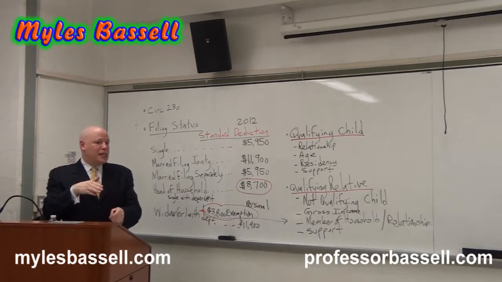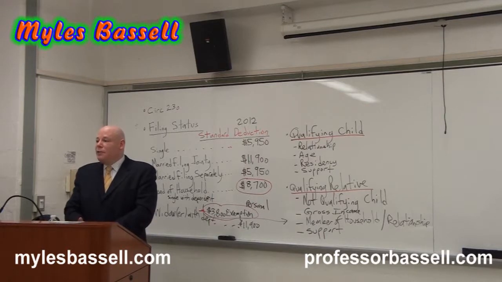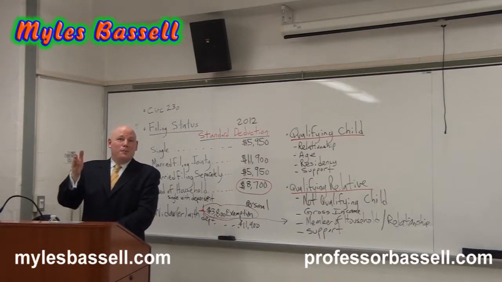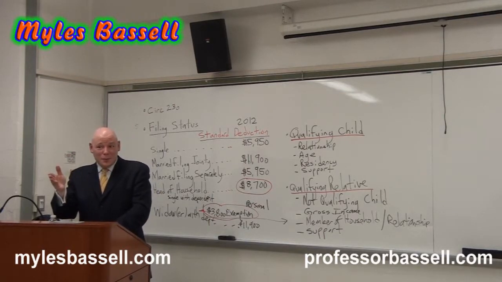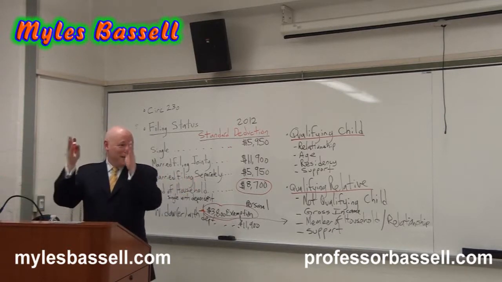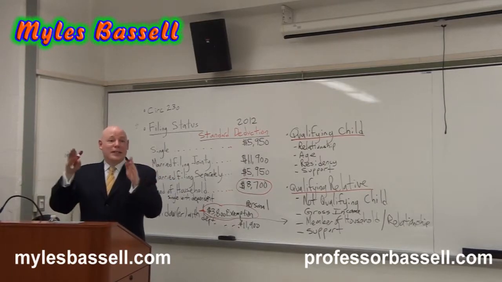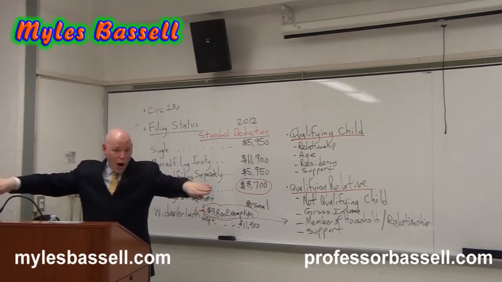Now, if your spouse dies on January 1st, then what that means is by the last day of the year, you're single. Yes? Yeah, you're single. That's like a separation. Until death do us part.